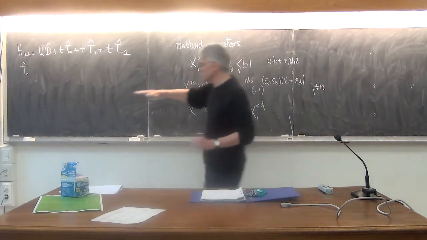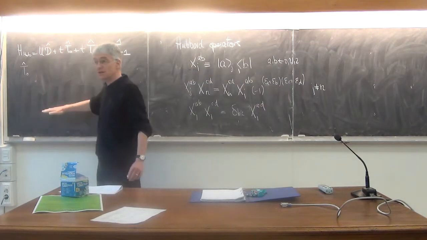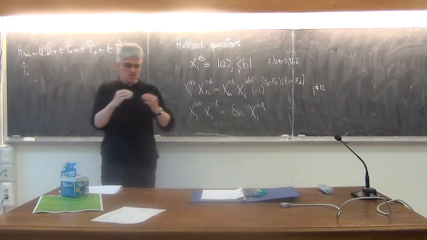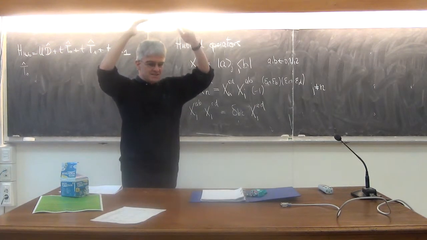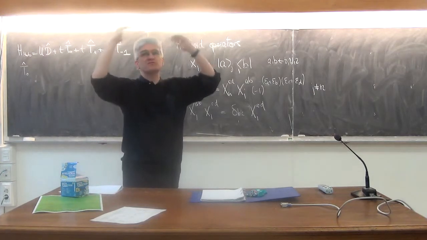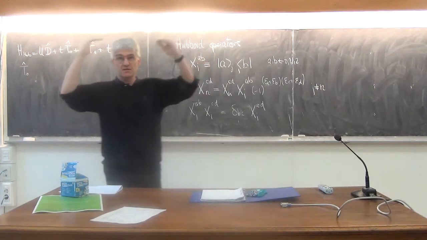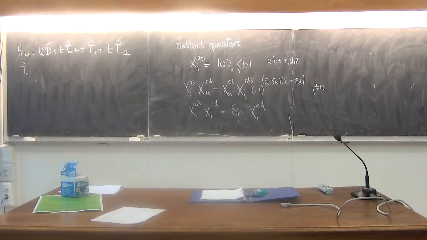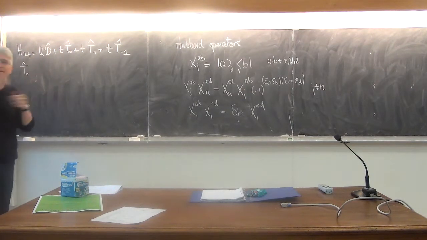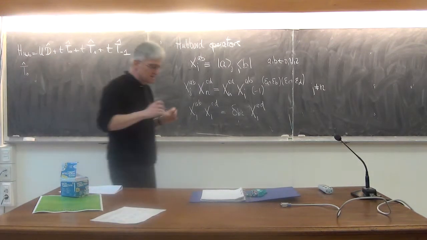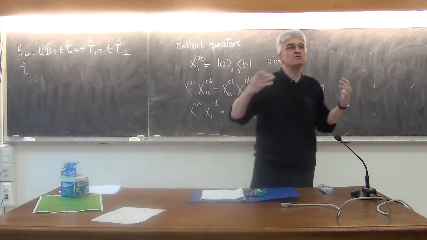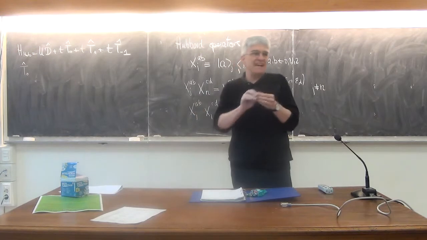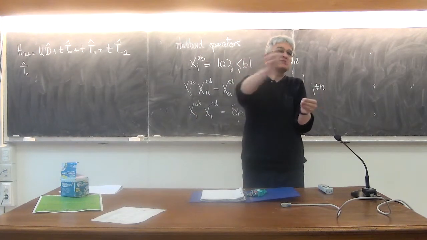The structure of the spectrum I've shown you here was such that the spectrum was organized according to the number of doubly occupied sites: 0, 1, 2, 3. Now the hopping term in the Hubbard model violates the number of doubly occupied sites, because it can take one and make a double occupancy or destroy one.